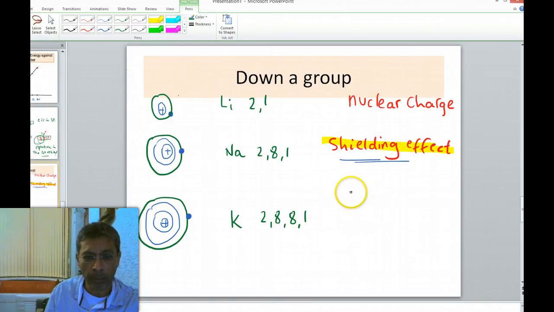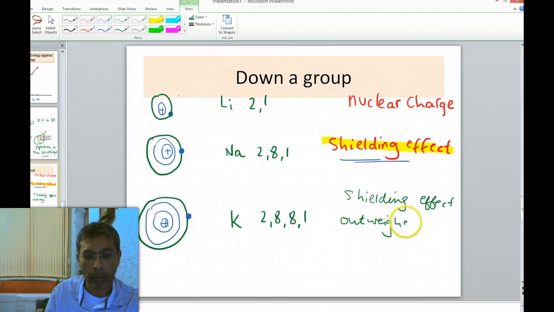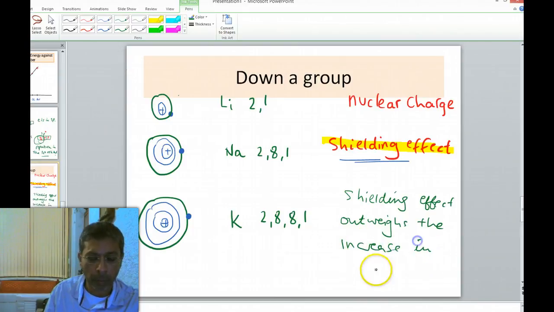So we write down that the shielding effect outweighs the increase in nuclear charge. Now writing that down will give you 2 marks out of 2.